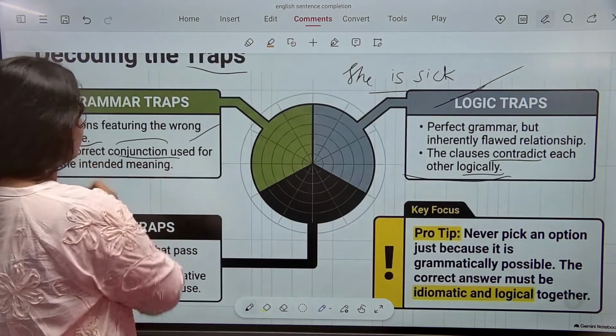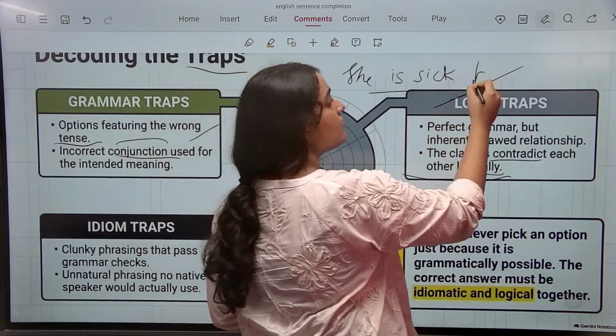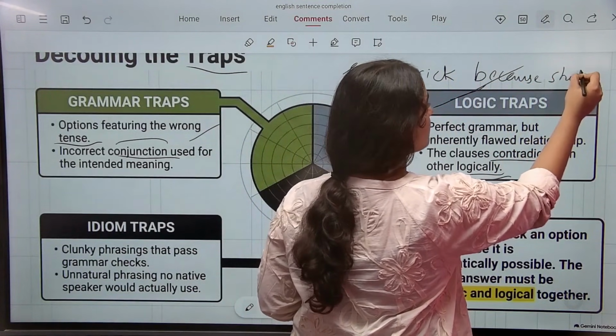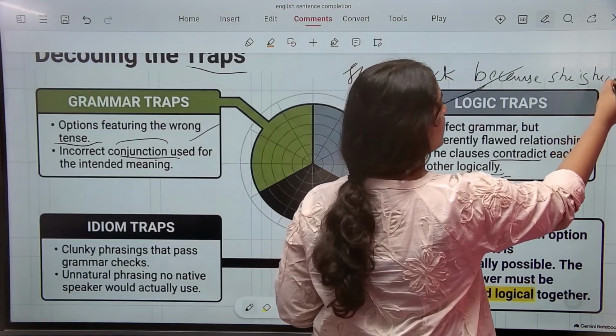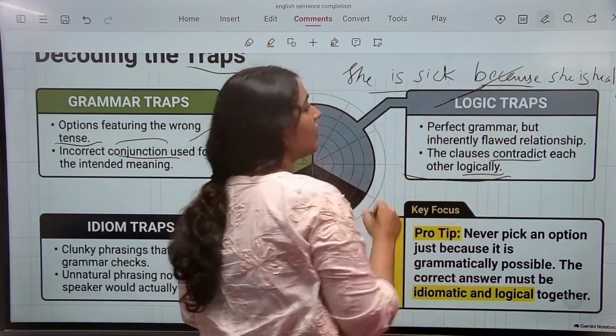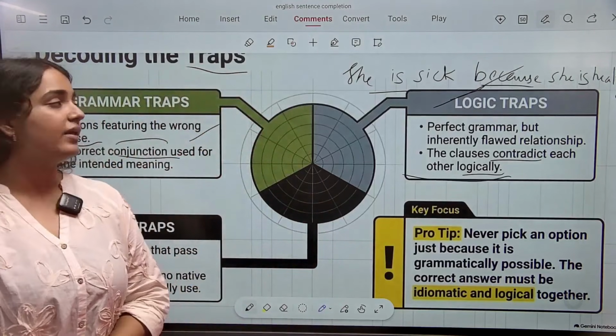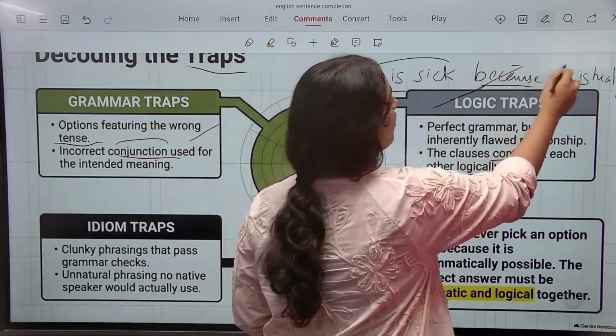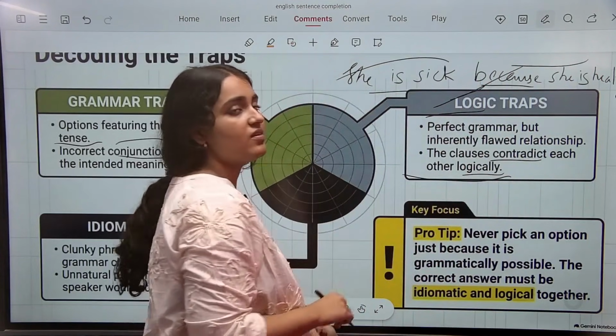Here you have to look at the conjunction. If it's because, then it's wrong. Because she is healthy. If instead of because it was despite she is healthy, then it would be correct. With because, the whole thing becomes illogical, so you have to identify this as well.